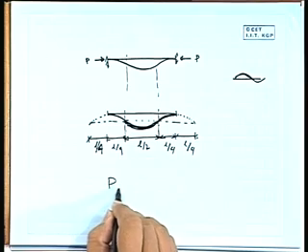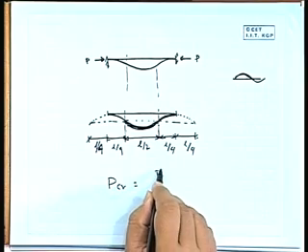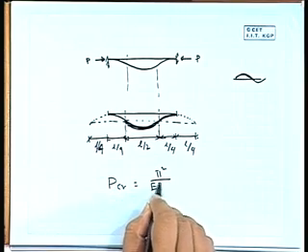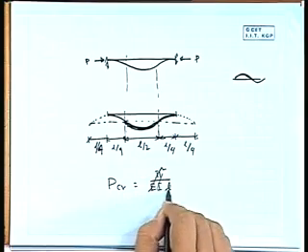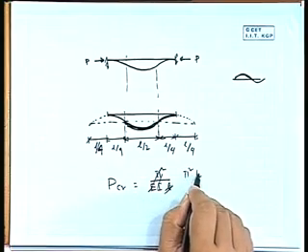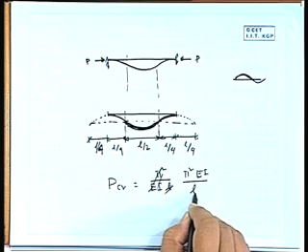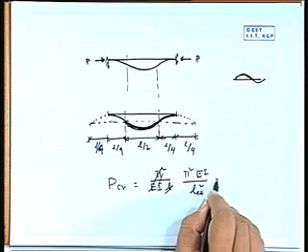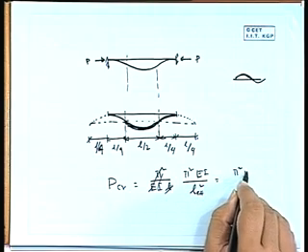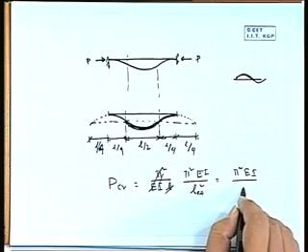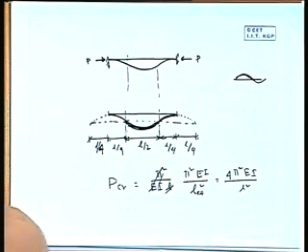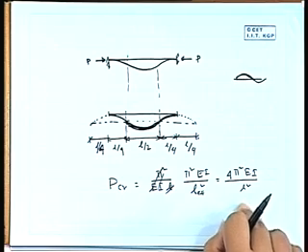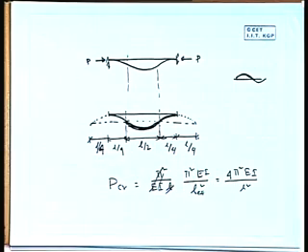So your P critical will be pi square EI over L effective square, or we can write pi square EI over L square by 4, and the 4 will go up.